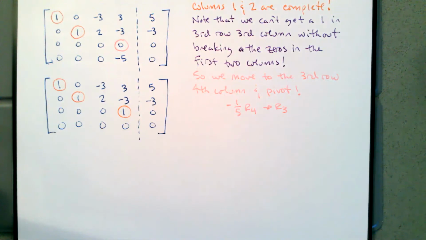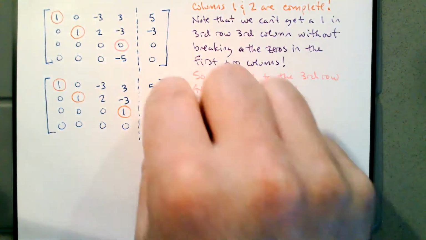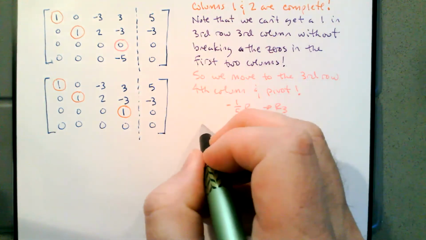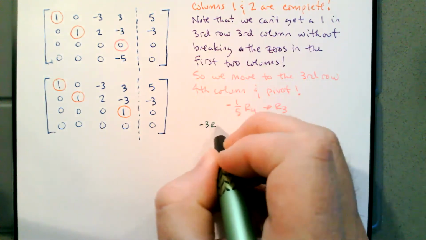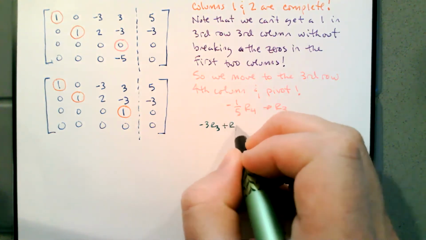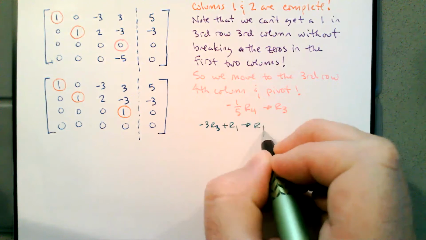The last thing we need to do is use that 1 to zero out the rest of the column. So I'm just going to do -3 times row 1 and add row 3, and add that to row 1 and make that my new row 1.